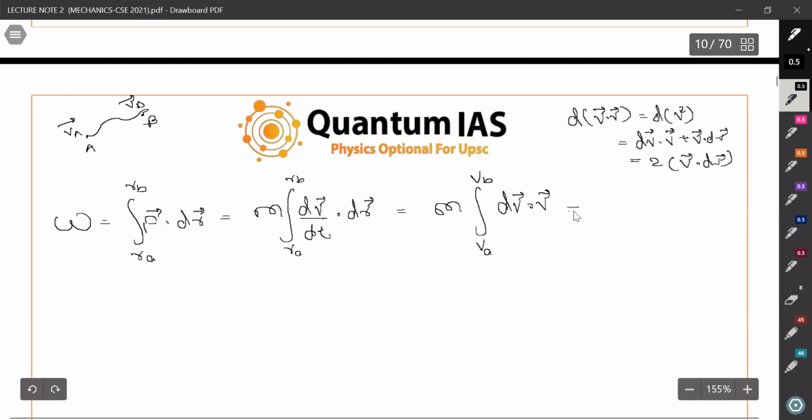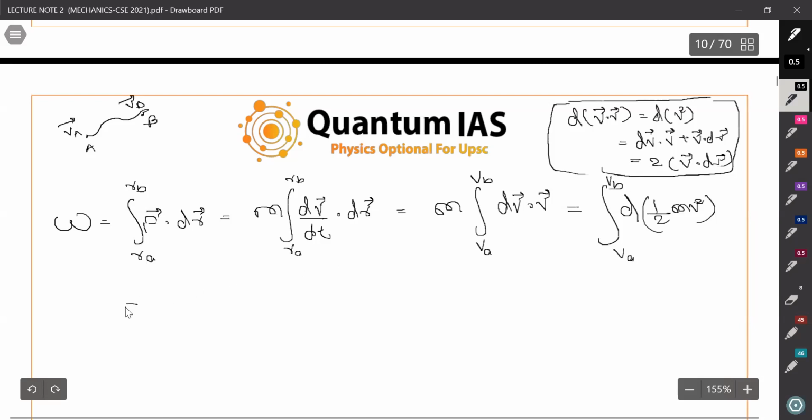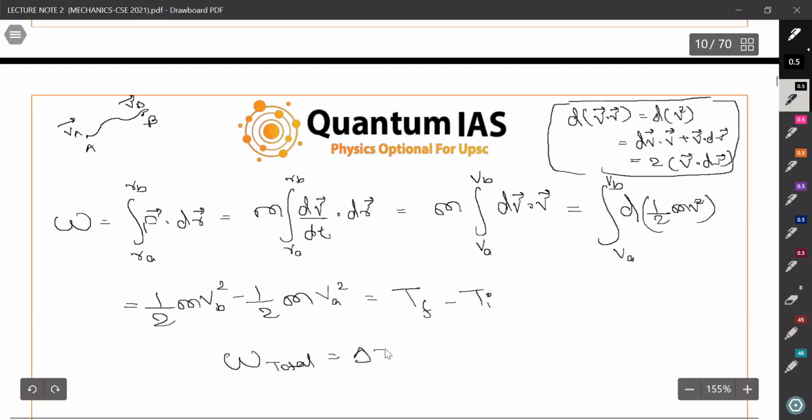So taking m inside, we can write it as d of half m v square, using this result. So it will come out half m vb square minus half m va square, that is final kinetic energy minus initial kinetic energy. So the total work done is delta K.